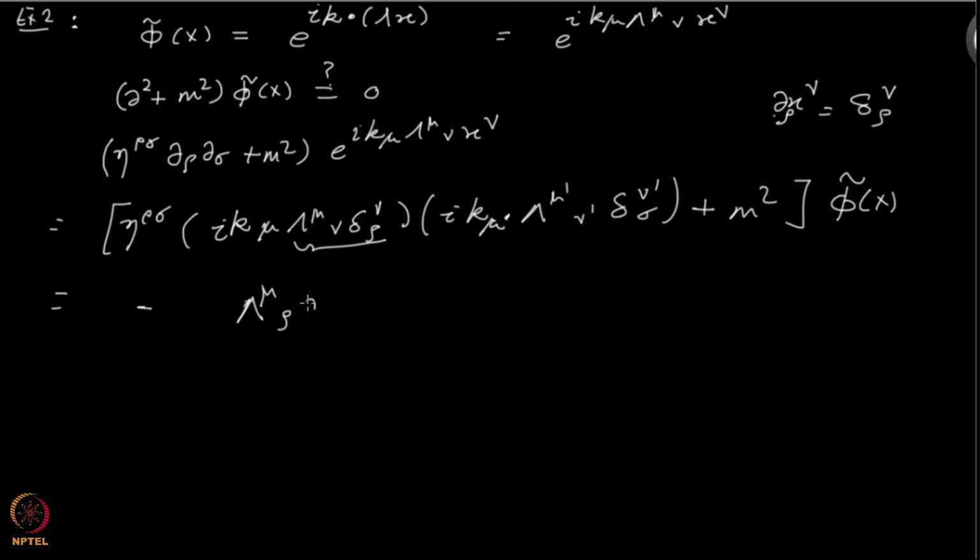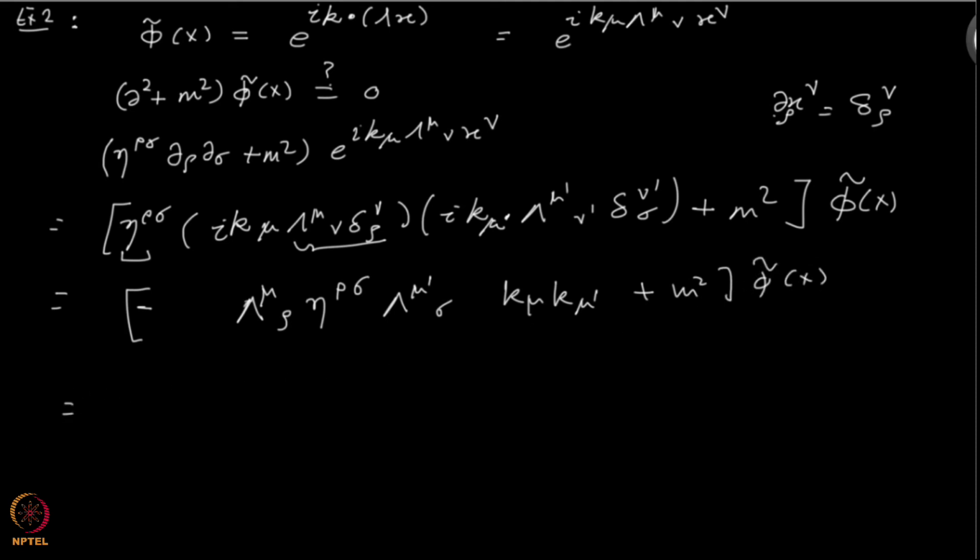Then I have eta rho sigma, and then I have this one, which makes nu prime to be sigma. So I get lambda mu prime sigma, and then you have k mu prime, plus m square phi tilde of x. I hope everything is fine here.